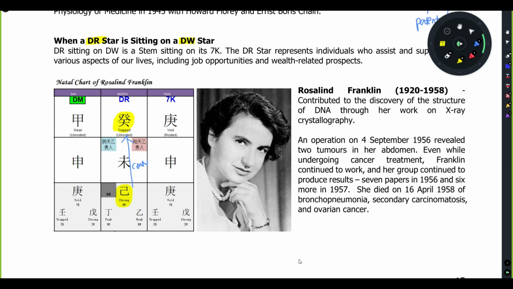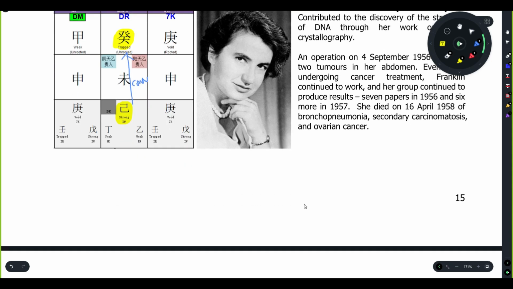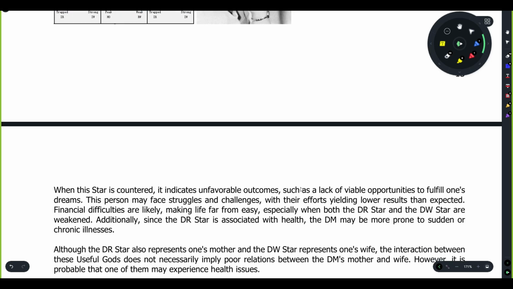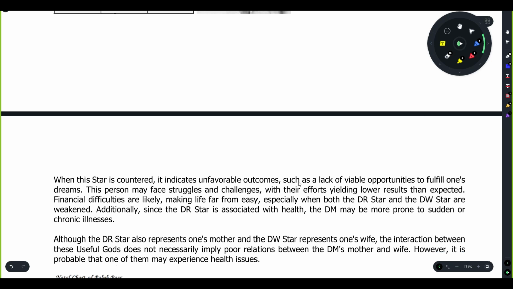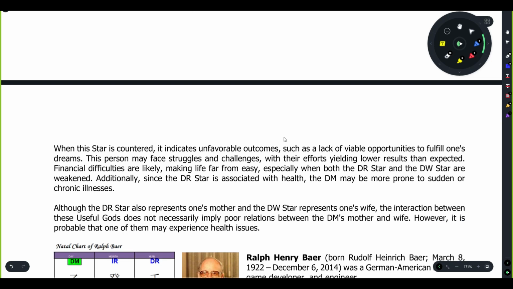But this control is of course Geng controlling Kui water. Basically, it is a Seven Killings to the Kui water. And this also creates quite a good, compelling pillar. Now, with this pillar, when it's controlling, there are also other issues that surround them. Usually, they are more prone to sudden or chronic illnesses.